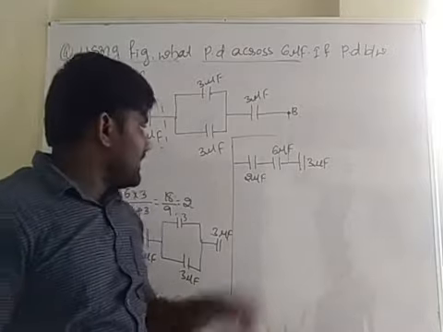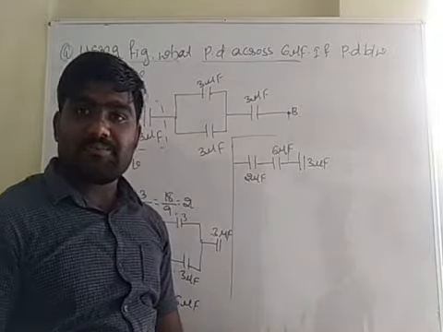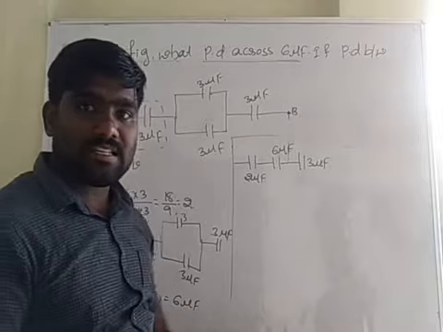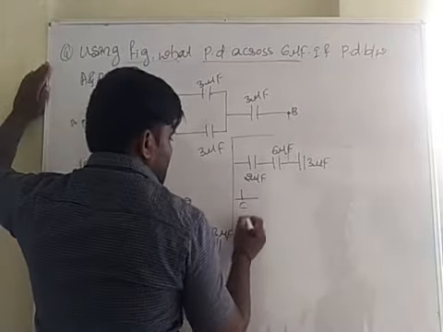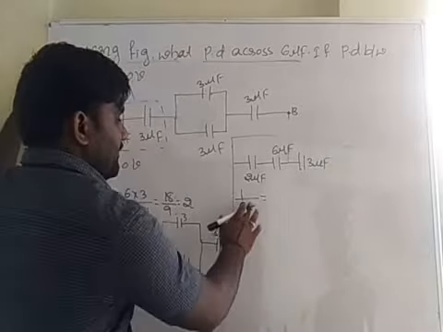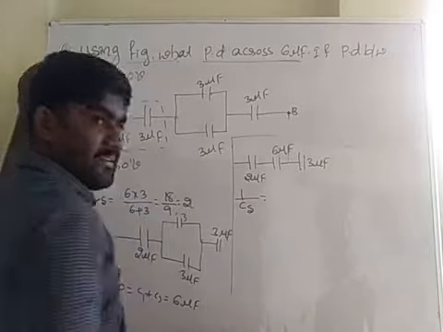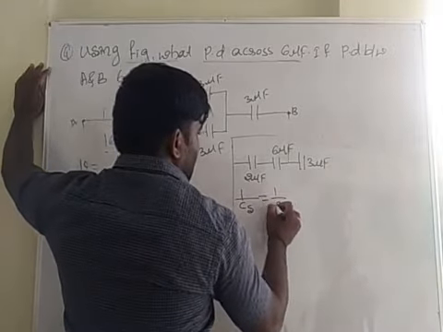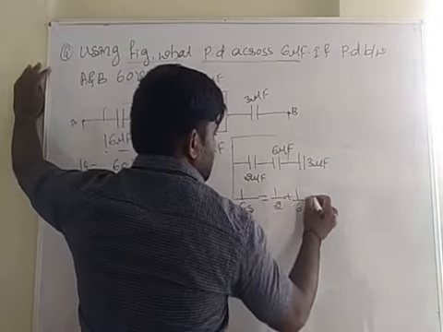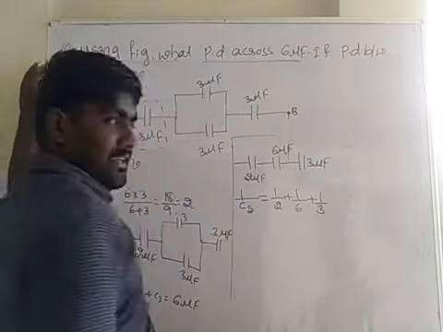Then these three capacitors are in series. So 1 divided by CS is equal to 1 divided by 2 plus 1 divided by 6 plus 1 divided by 3.